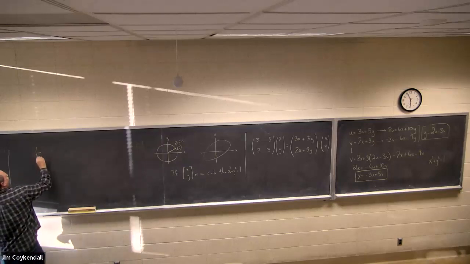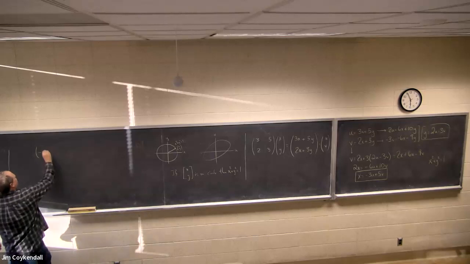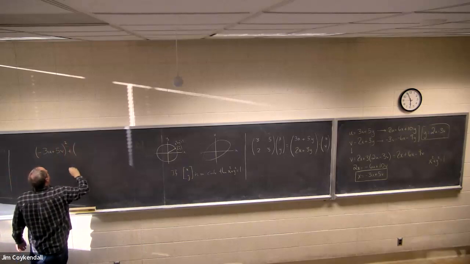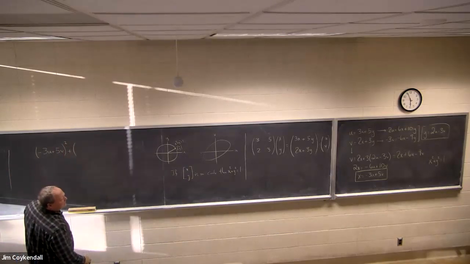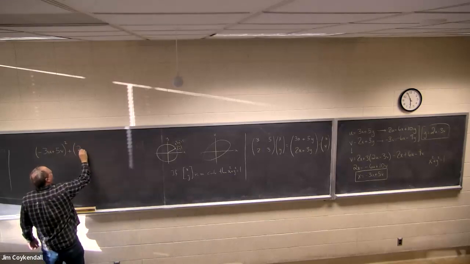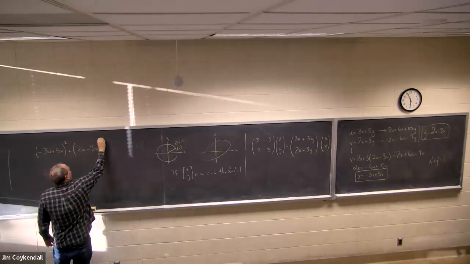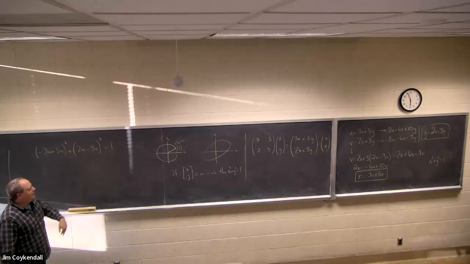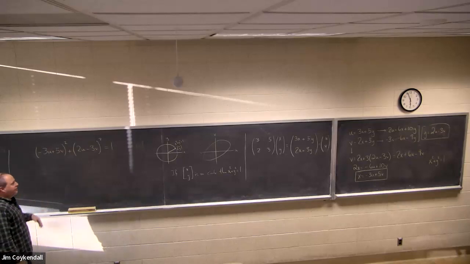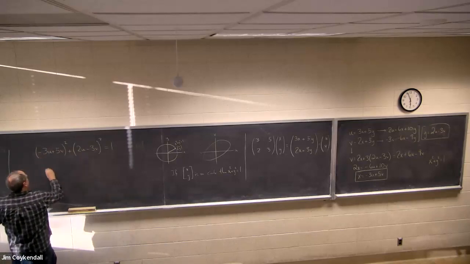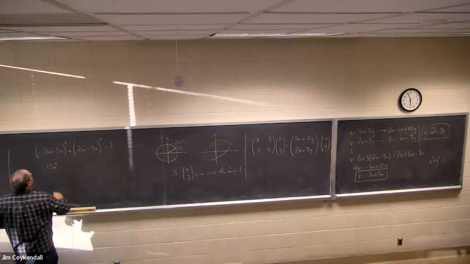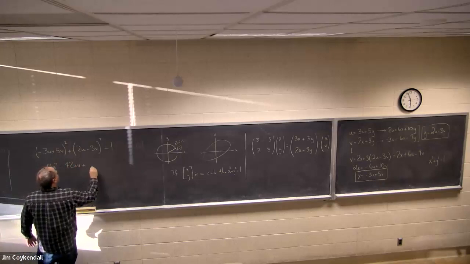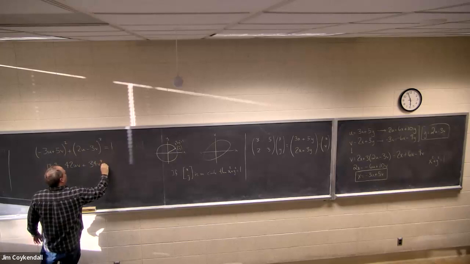X squared is minus 3U plus 5V squared, plus whatever this other one is, 2U minus 3V squared. This is good enough. But just for dramatic purposes, I'm going to multiply this out. That's 13U squared minus 42UV plus 34V squared.